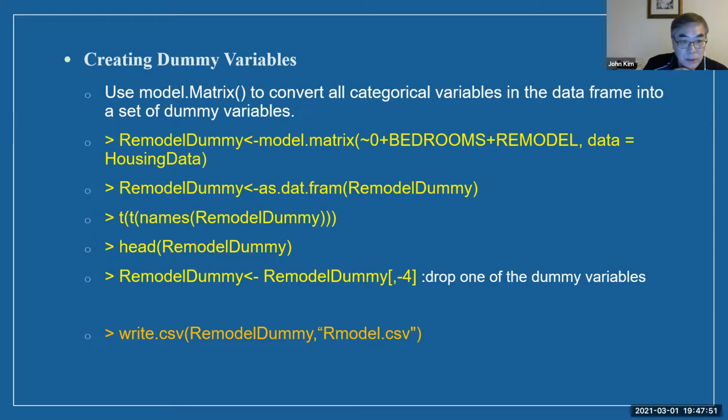Using -4, the minus sign means remove the fourth column.